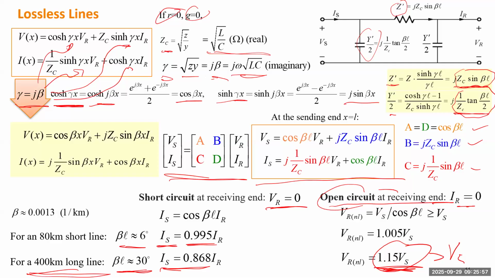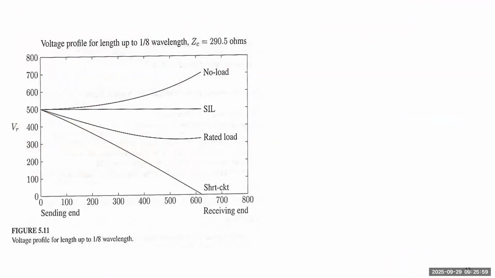Okay, so those are what we know from Friday. And this is a picture from the textbook, which just describes how the voltage changes from the sending end to the receiving end. So now we assume there's a line of about 600 kilometers, and this end will be the sending end, this end will be the receiving end.